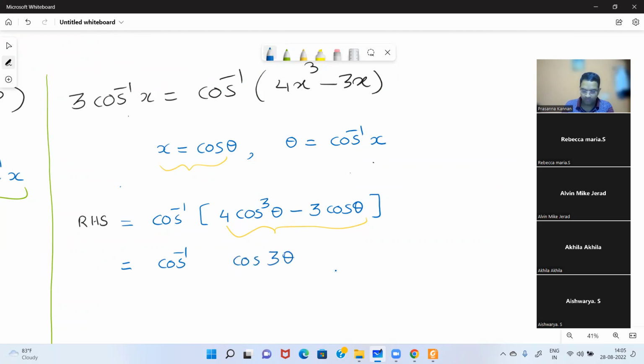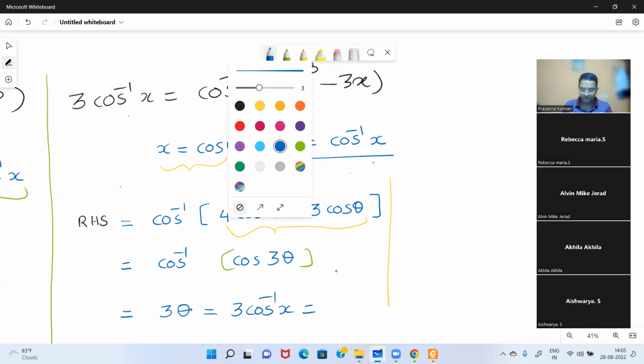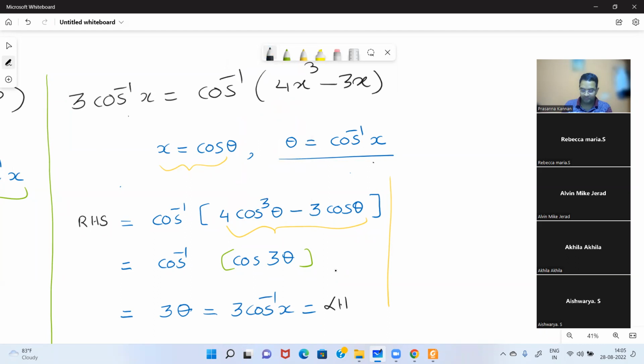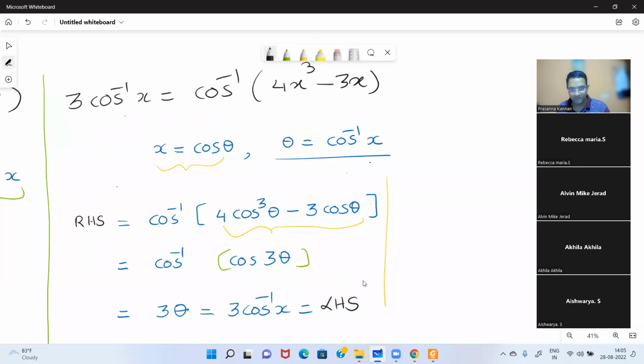Cos 3 theta. What is cos inverse of cos 3 theta? 3 theta. But what is theta? Cos inverse x. Therefore, this will be 3 cos inverse x, which is what we needed to prove, right? Are you clear now? Yes, sir. Very good. Let me give you a few more sums.